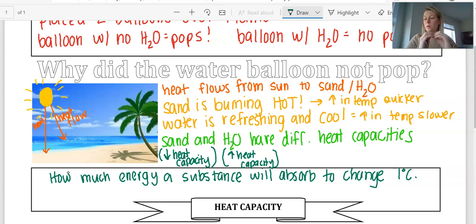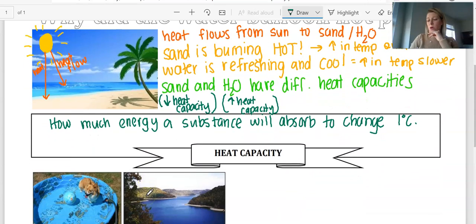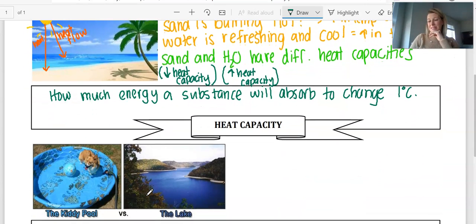There's more to it than just talking about heat capacity in general, because we are not always comparing equal parts, or equal masses, of the substance. So here I have a second situation: the kiddie pool, or the lake. Now, growing up in Rochester, New York, I didn't really use kiddie pools too often.